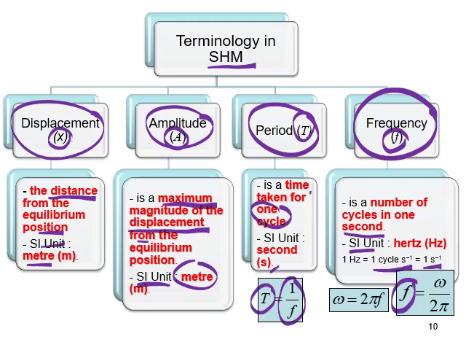Formula for frequency is f equal to omega over 2 pi. Omega means angular frequency or angular velocity. The formula is omega equal to 2 pi f.